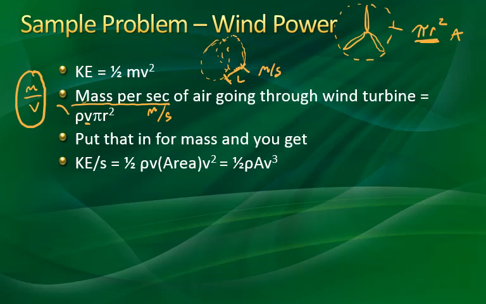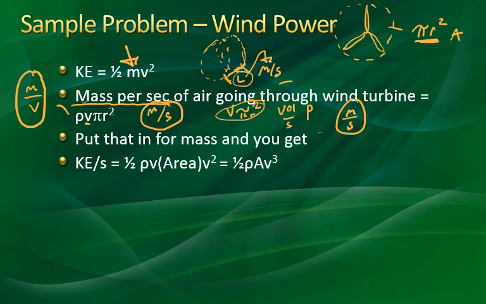So v times pi r squared is volume per second, and if we multiply volume times density, we get mass per second. So if we place this in for mass, this is what we get.